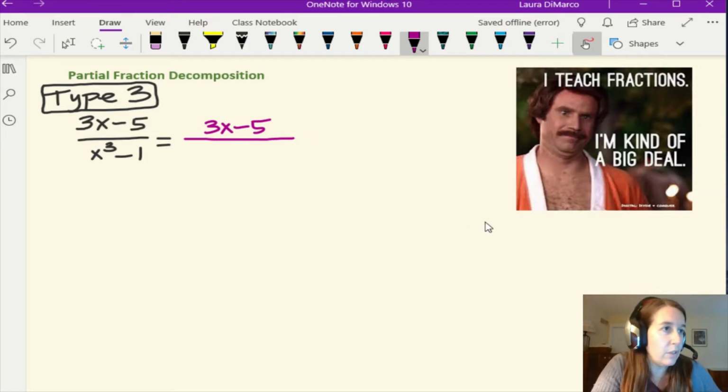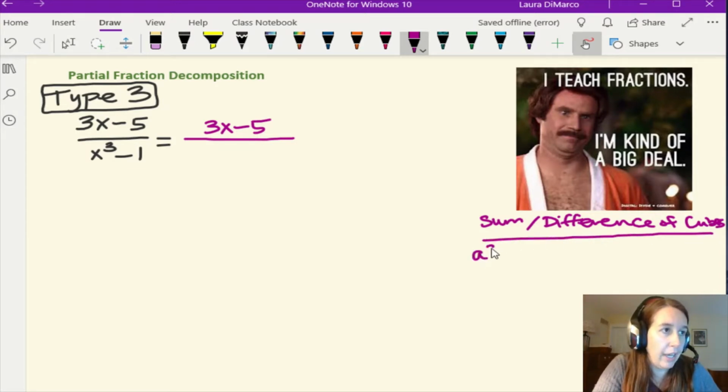Okay, so this is the sum or difference of cubes. And so we have a cubed plus b cubed. That's the sum of two cubes.